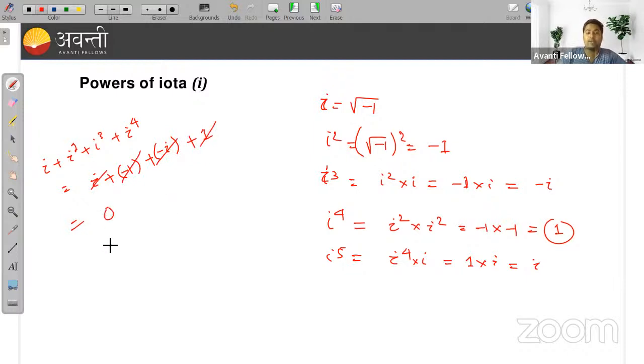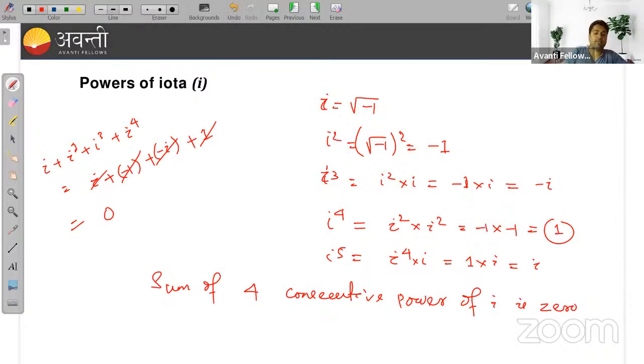Then what is the sum you are getting? That is 0. Is that clear to everyone, guys? So always remember the sum of 4 consecutive powers of iota is 0. Remember, this is important.